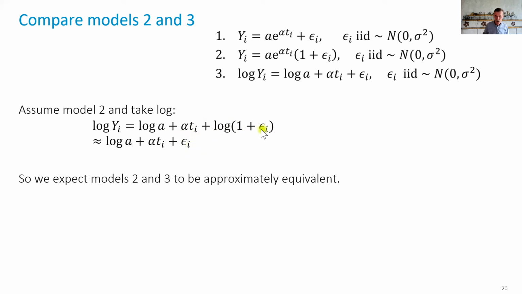So when the error in relative terms is small, this is equivalent to that, which is model 3 here. So take home message, if the error terms are reasonable, model 2 and 3 are equivalent. So fitting this or fitting that should produce very similar results, which is very reassuring because we have no real reason to prefer one or the other model.